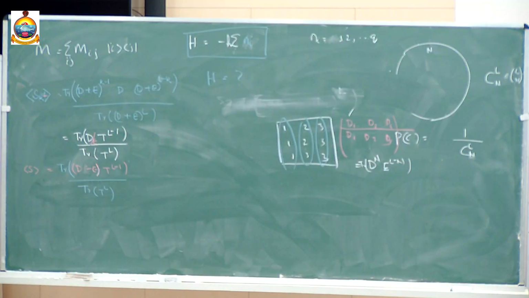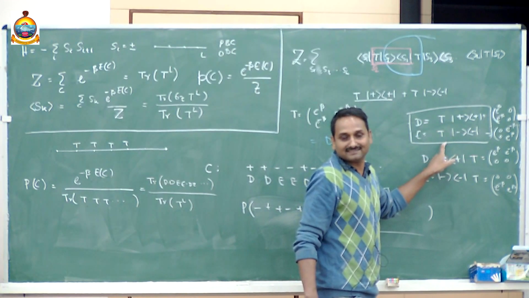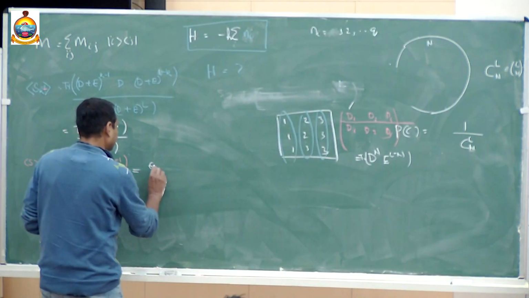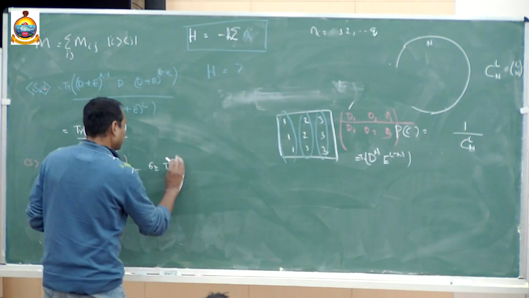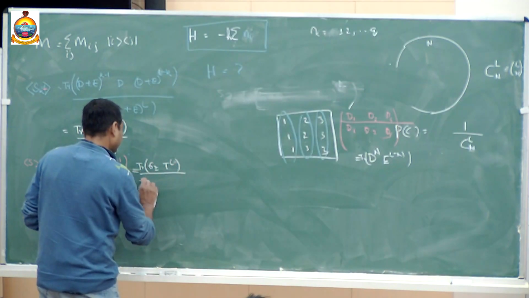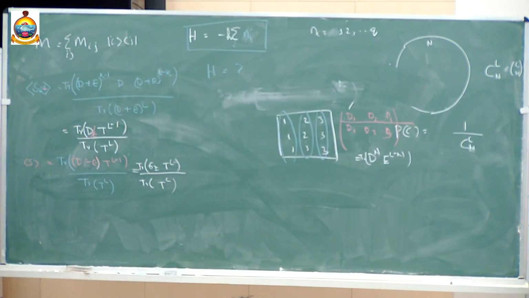So D minus E is T times plus, plus, minus, minus. So this is T sigma z. Okay. So D minus E is just T sigma z, and T you can take here. So this is exactly equal to trace of sigma z T to the power L divided by trace of T to the power n. So you don't have to go back to the sum and do the sum again, and it's coming very nice.